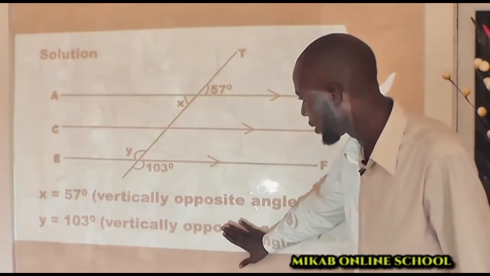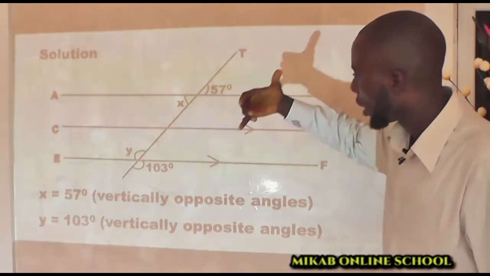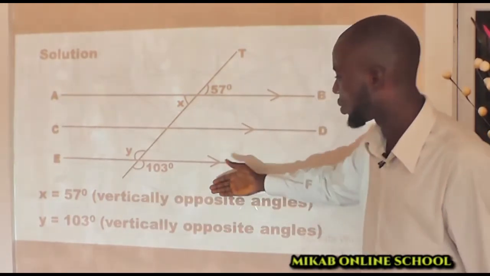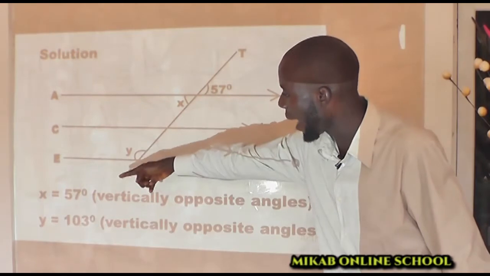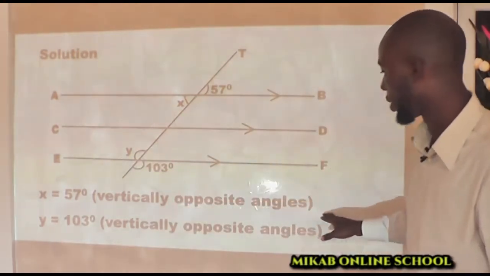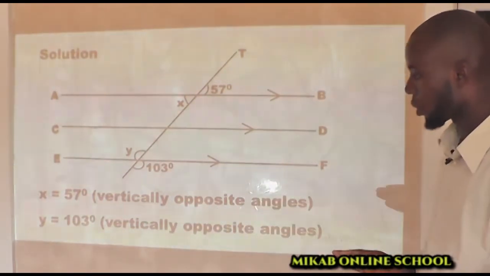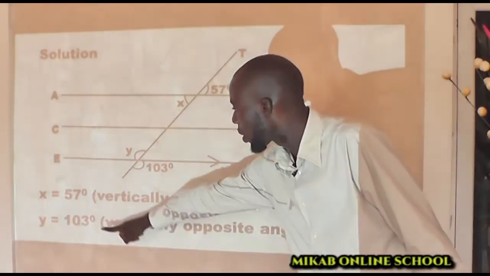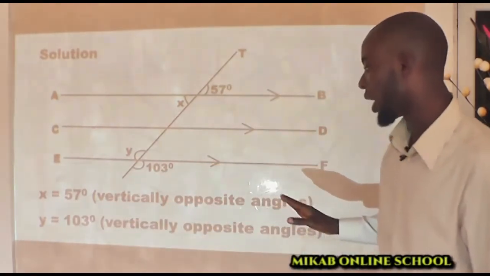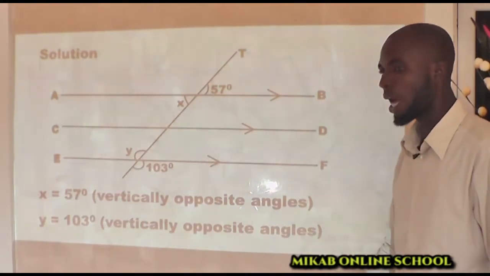The solution is what we have on the board. The reason you back your answer with is that x equals 57 degrees because they are vertically opposite angles, and all vertically opposite angles are equal; and y equals 103 degrees, they are vertically opposite angles too, and they are equal.